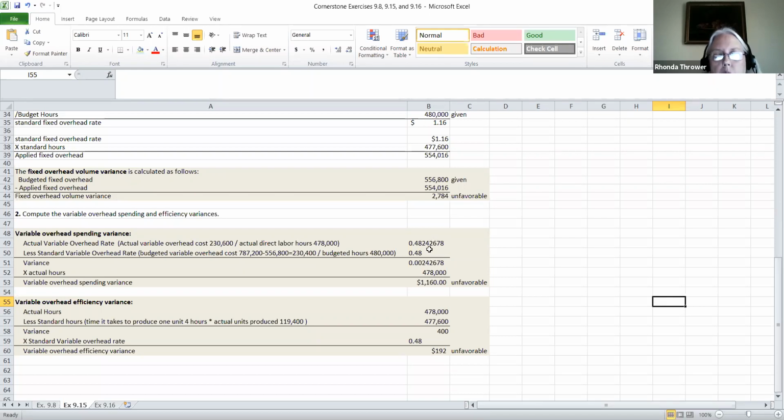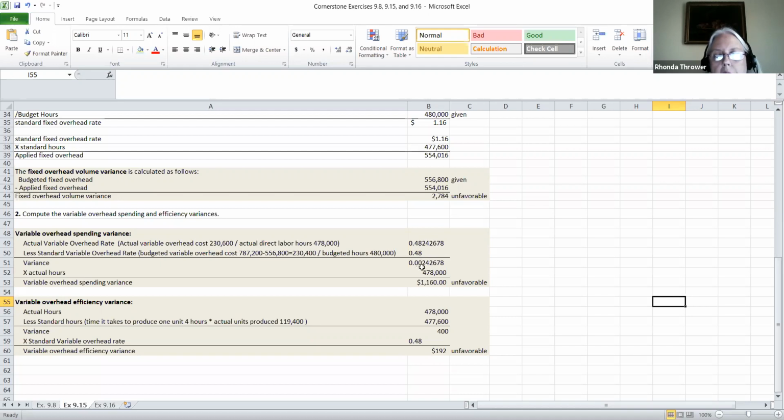The difference between these two is the variance, because the actual variable overhead rate was more than your standard variable overhead rate. There was an unfavorable variance.